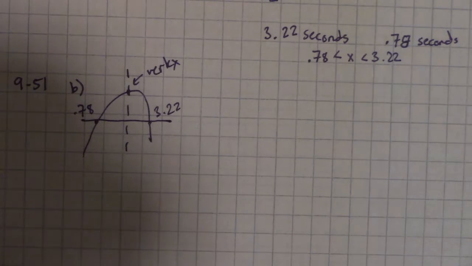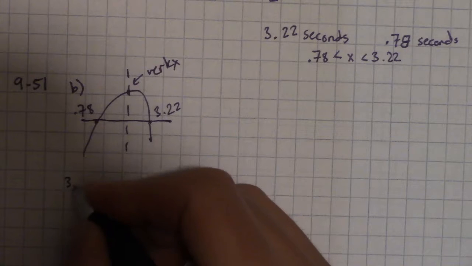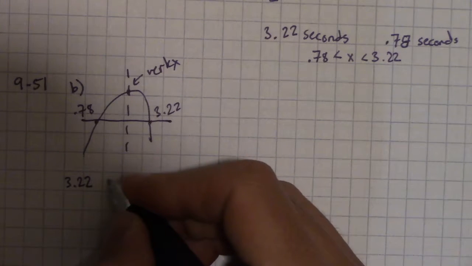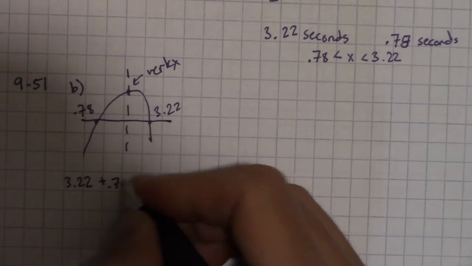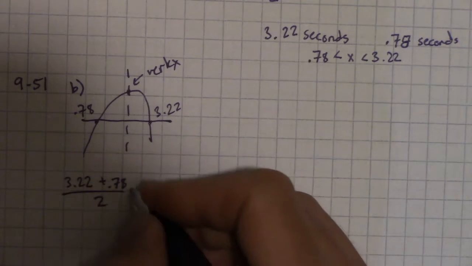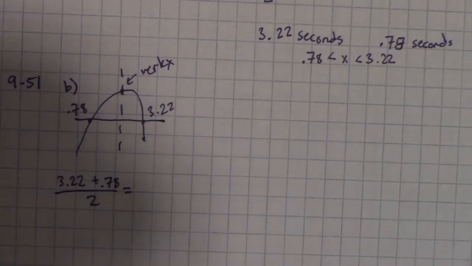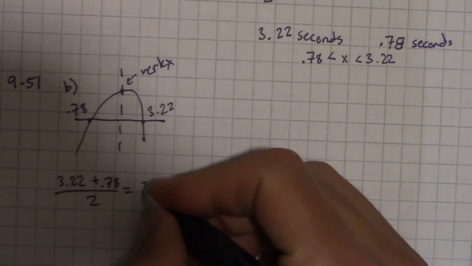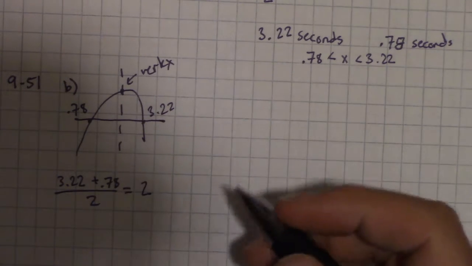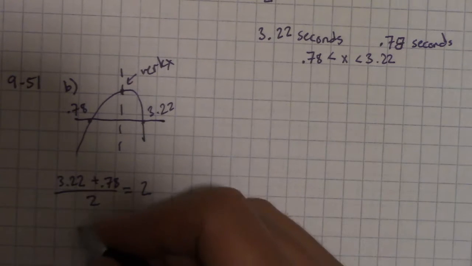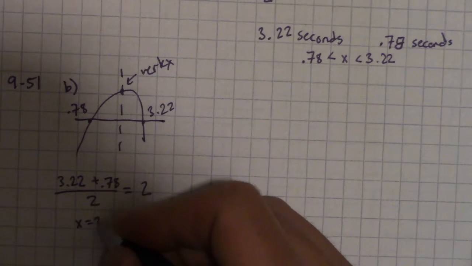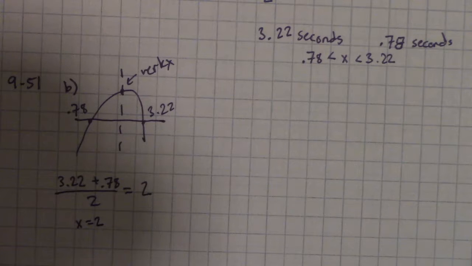So what I can do is take 3.22 and add 0.78 and divide that by 2. And when I do that, 3.22 plus 0.78 divided by 2, conveniently, that's just 2. This is telling me that at x equals 2, I'm going to reach my vertex.